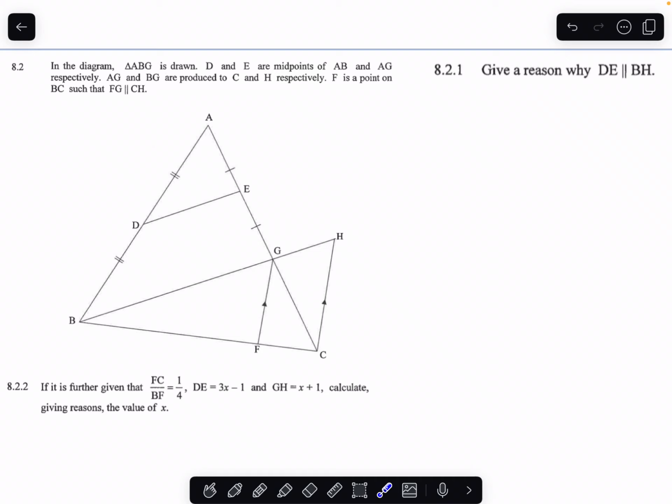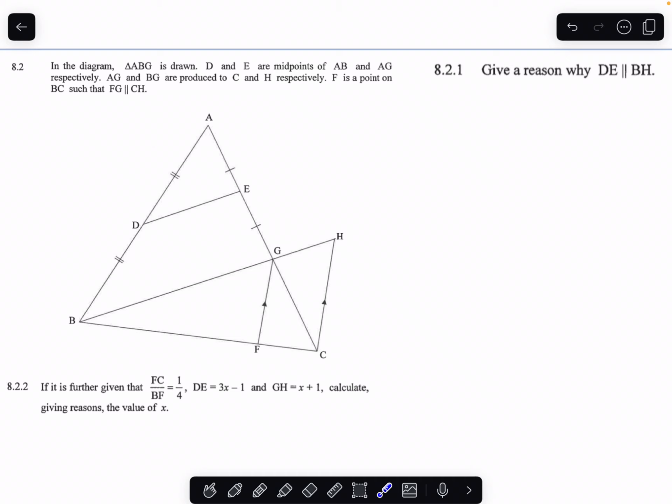So the reason that we know these lines are parallel is because this line divides these two sides in the same proportion. Yes, because this is 1 to 1, 1 to 1 as well. So this line divides these in the same proportion, and then we know it's parallel to the third side.